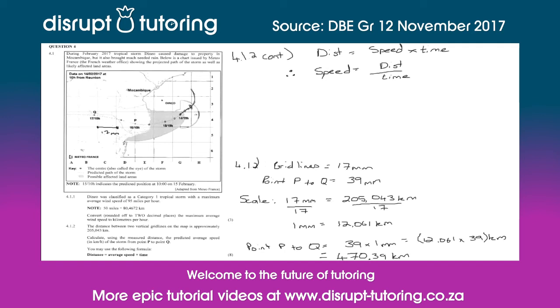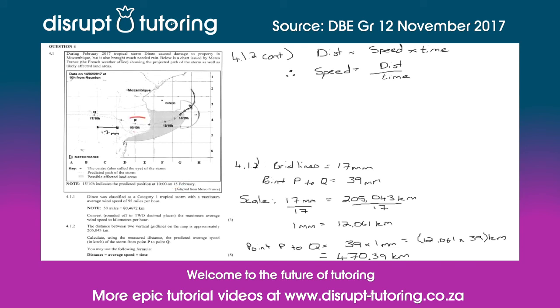We do have to know that if we read this graph, our time, so at point P, they've given us that this is on the 16th of February, okay, at the 10th hour. So it's 16/10. So if we look at the note, it's telling us that 15/10 indicates the predicted position at 10 o'clock on the 15th of February.